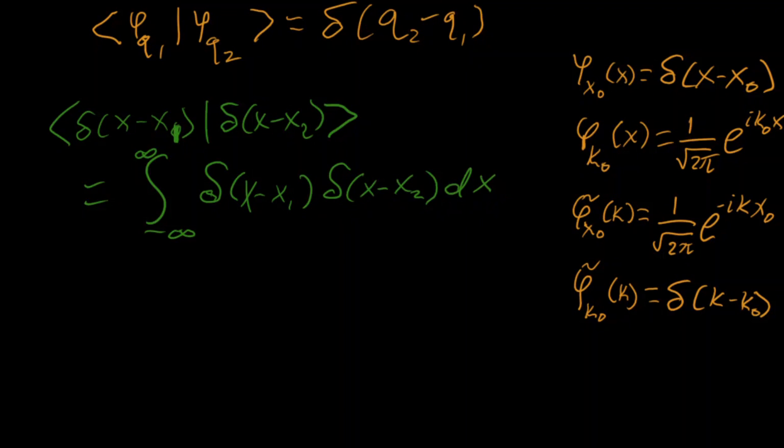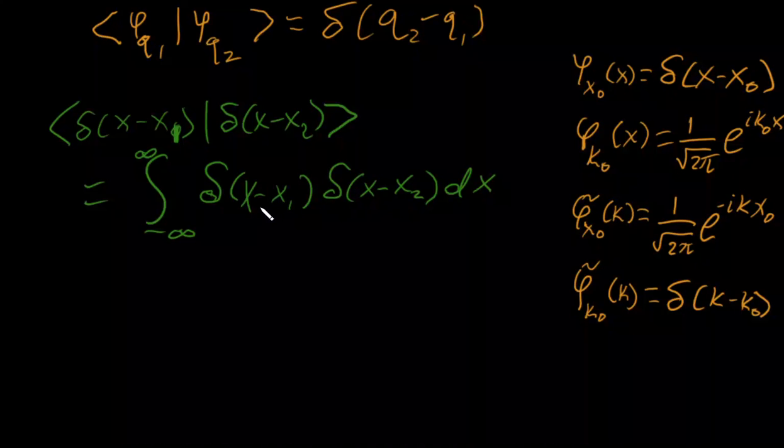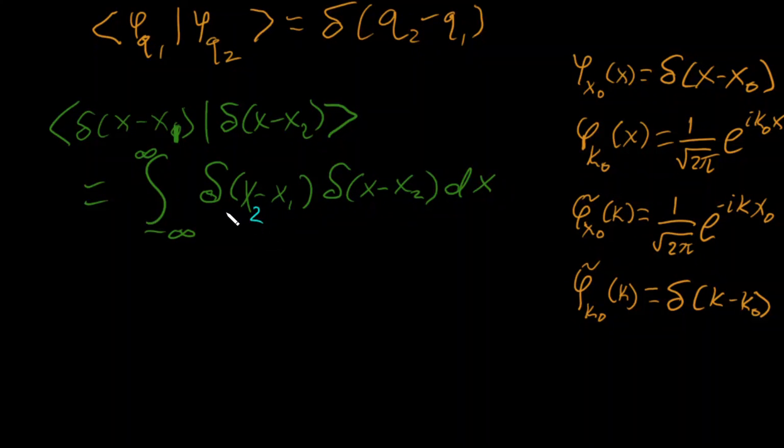And we are now going to use the trick that we have used so many times with the Dirac delta function. The whole integrand here will be 0 if x does not equal x2, or we could do it if x is not x1, but I'll just take this one. This Dirac delta will be 0 if x is not x2.